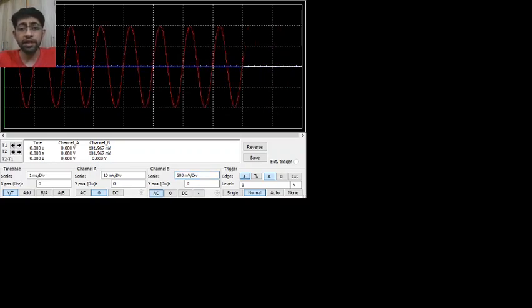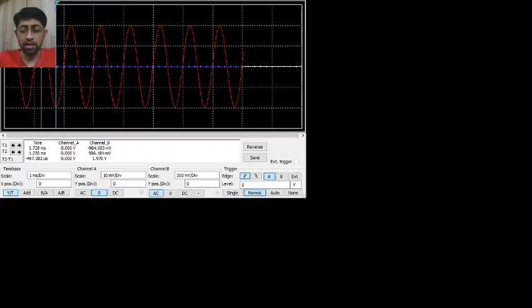If I put cursor one at the top of the sine and one at the bottom of the sine, you can see that this is 1.970 volt. So please note it down.